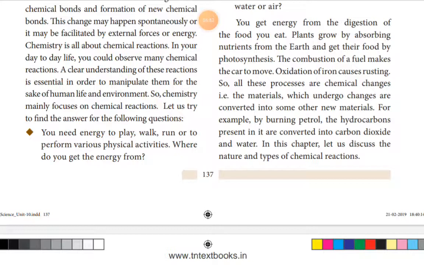This energy is obtained from the food we eat, that is, the energy from the digestion of food. The food we eat is oxidized in the presence of oxygen, and energy is produced. That energy is used for the working of our body parts, and all our activities are done using the energy we obtain from the digestion of food.